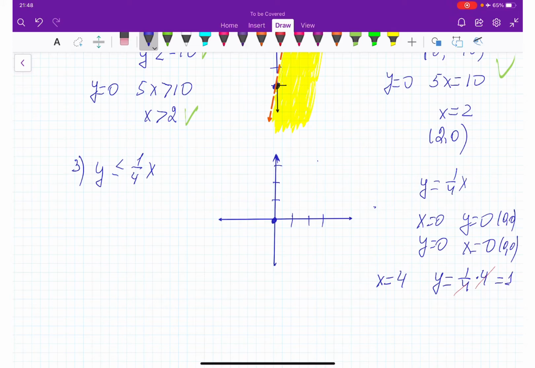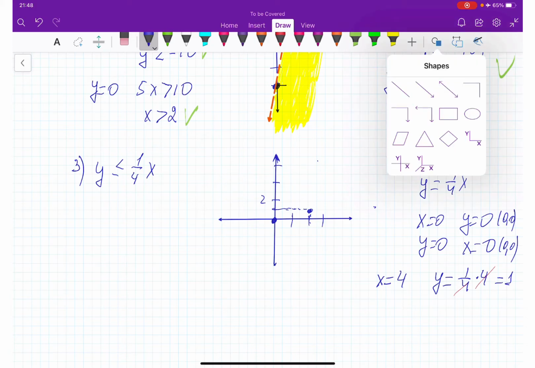So when x is equal to 4 here, y is equal to 1. No, this is 2. Hold on. So it has to go a little bit lower. If this is 2, oh, it's 1, yeah. There we go. We need to provide the line.